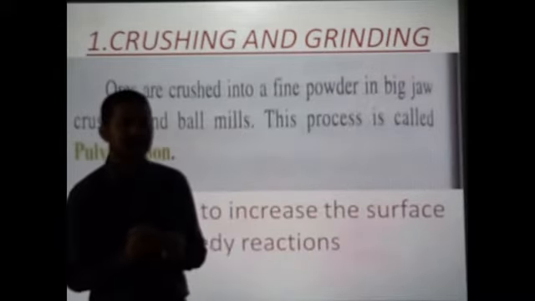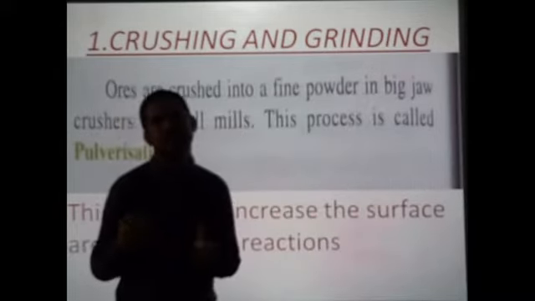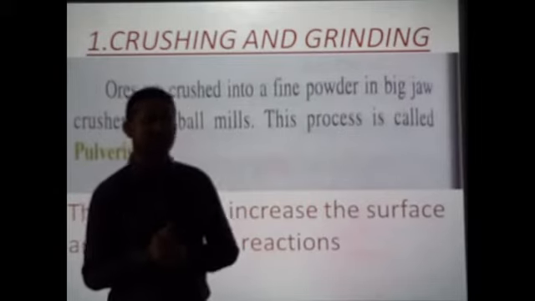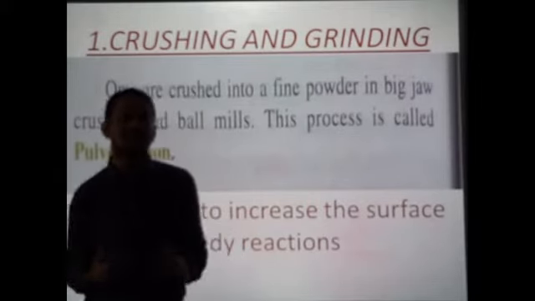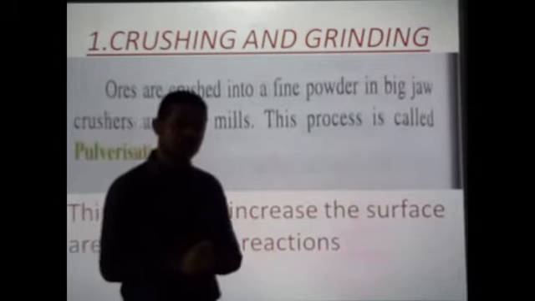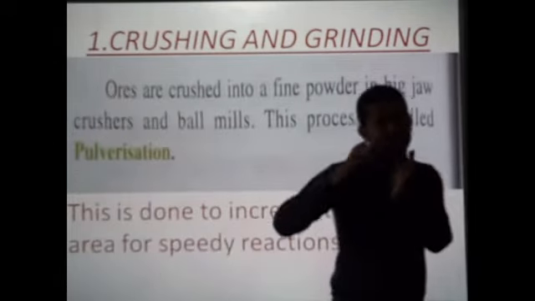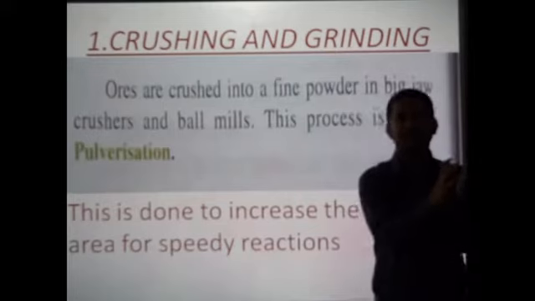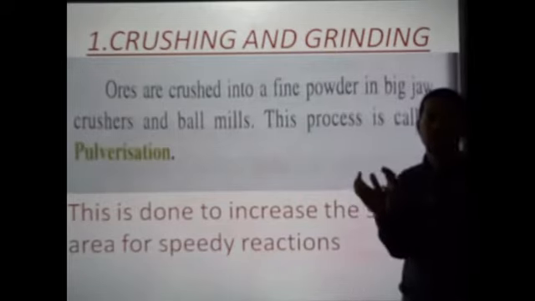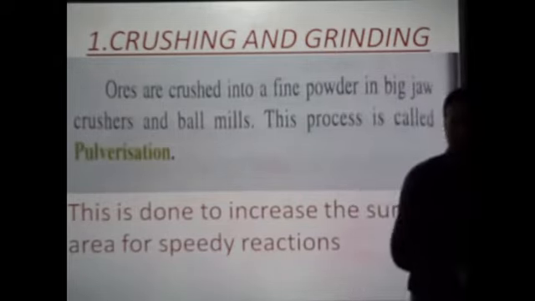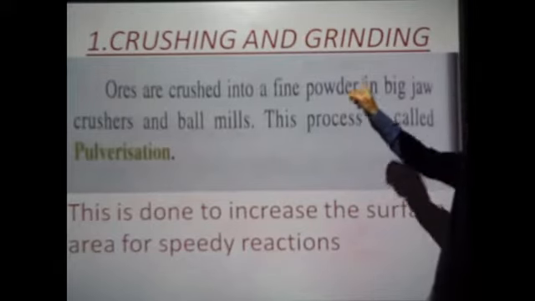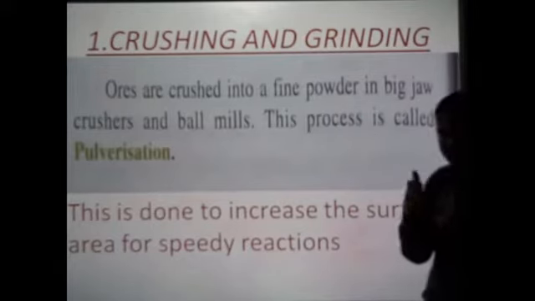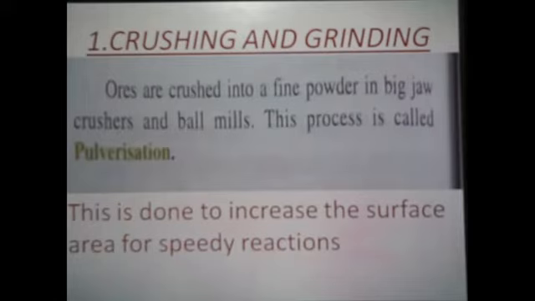Crushing converts it into small pebbles, and grinding again converts it into fine powder. This conversion of rock of ore to powder form of ore is done in the process called crushing and grinding, and this process is also called pulverization.